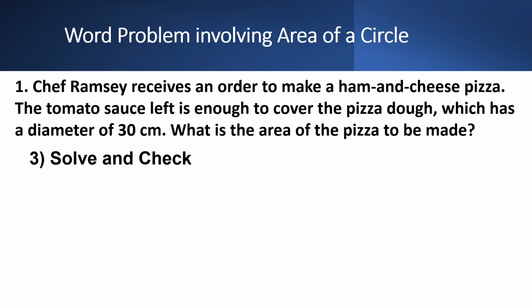So the radius, or r, is equal to 15 centimeters. Again, kalahati yan ng 30 centimeters dahil ang radius ay kalahati ng diameter. So area is equal to pi r squared. We'll follow that formula. Okay? So pi is of course 3.14 and the radius is 15 centimeters.